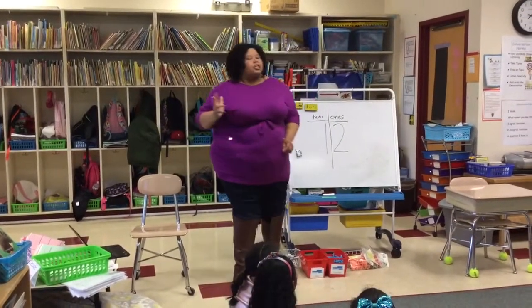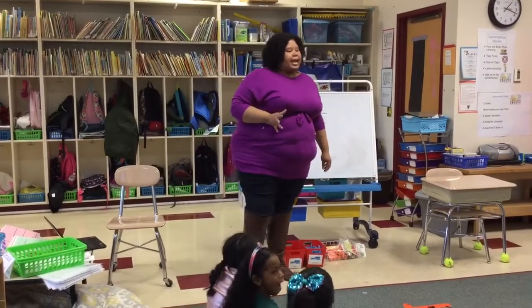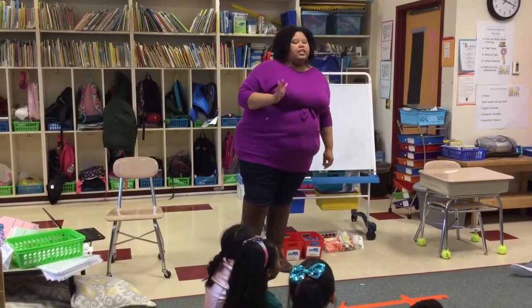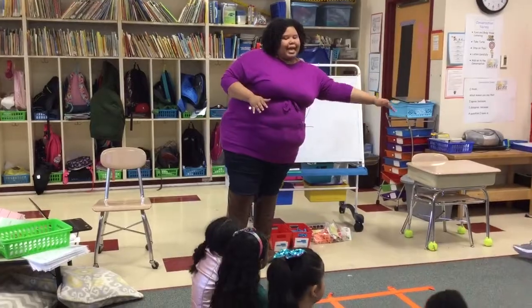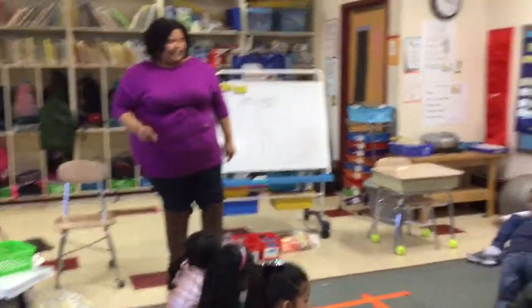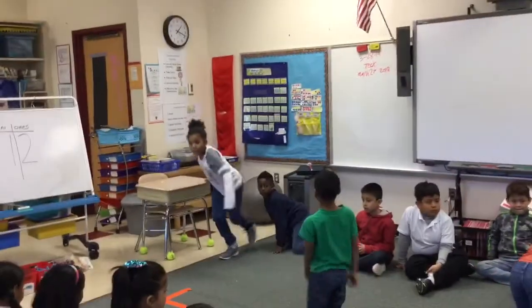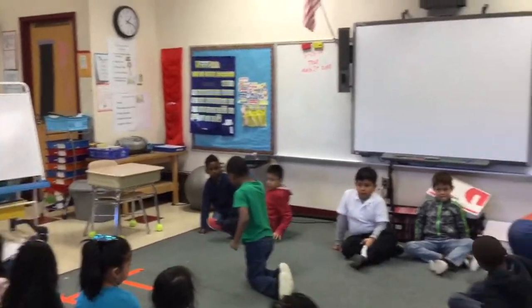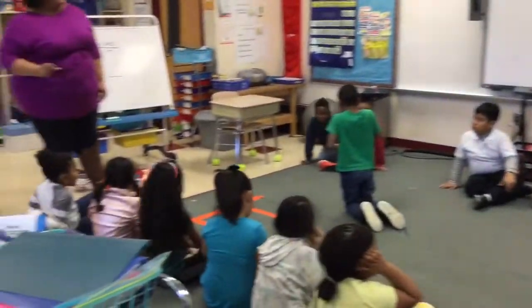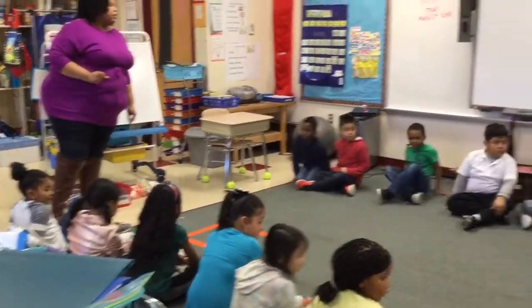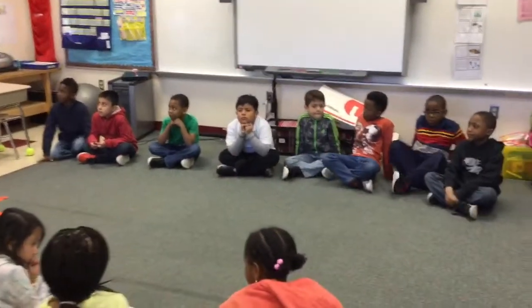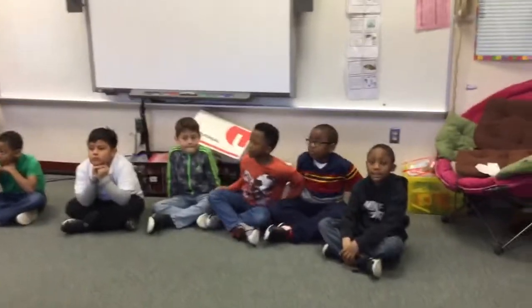So we're going to talk a little bit about tens and ones, and we're going to play our game, human tens and ones. So can I get my boys on this side and my girls on this side in 10 seconds? Ready? 10, 9, 8, 7, 6, 5, 4, 3, 2, 1, 0.